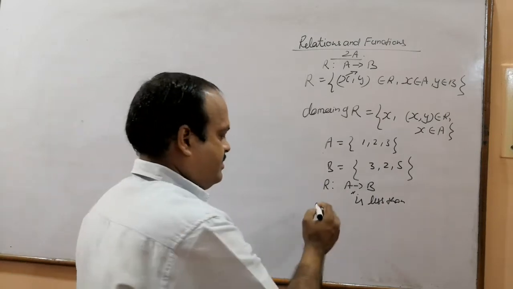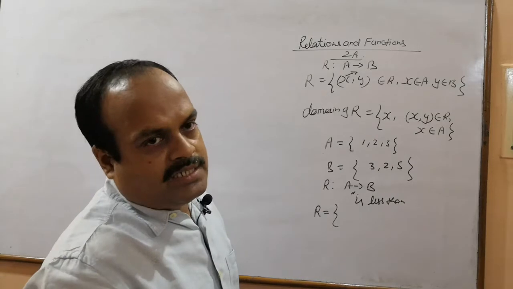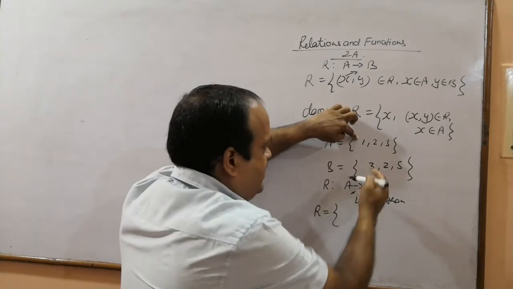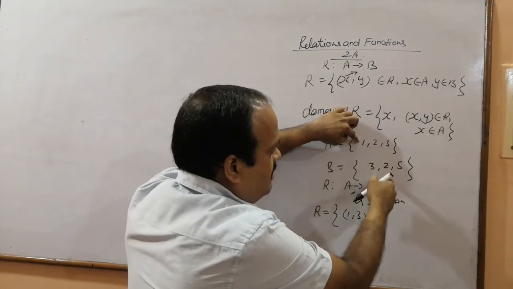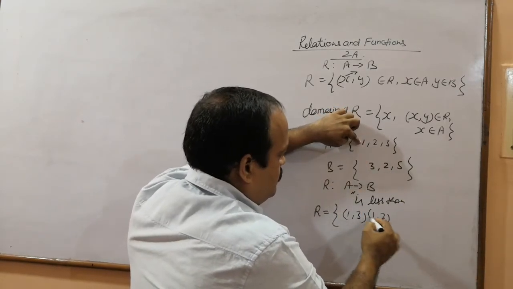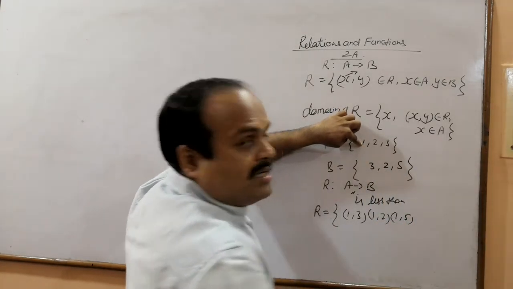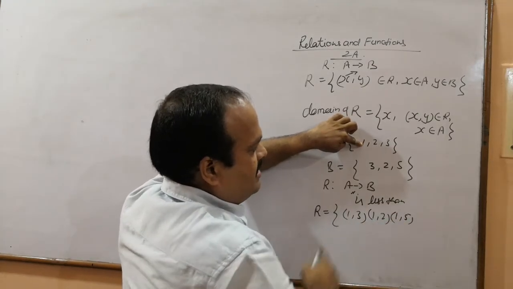Then this relation R will have its elements 1, 3, 1, 2, 1, 5, because 1 is less than 3, 1 is less than 2, 1 is less than 5.